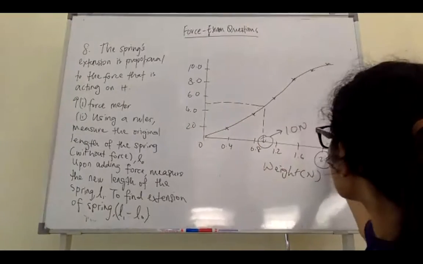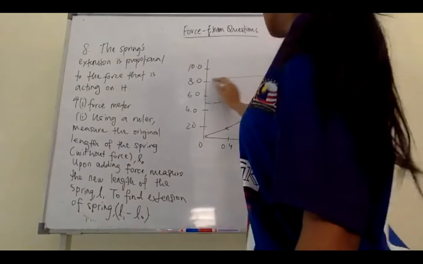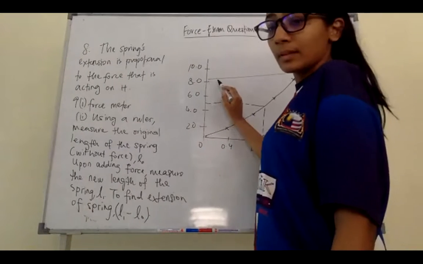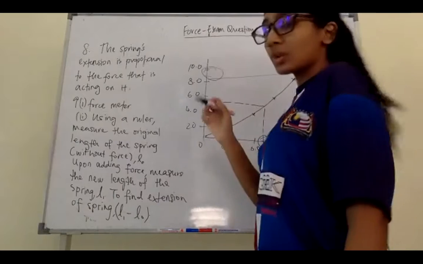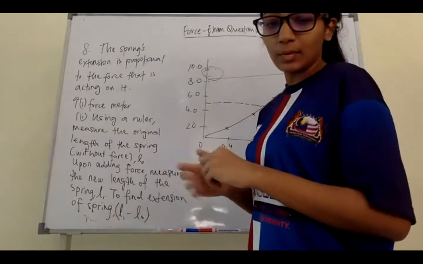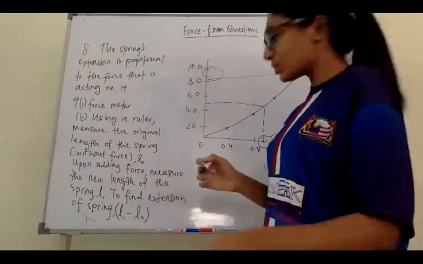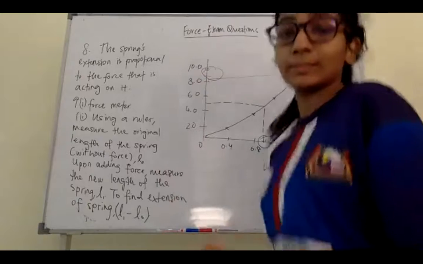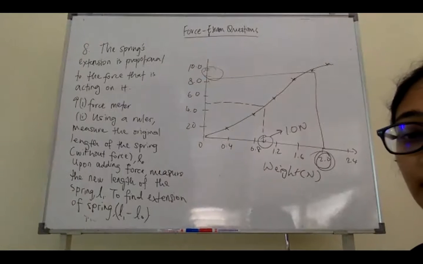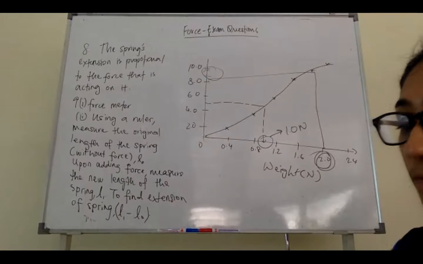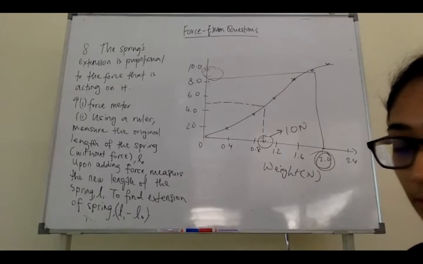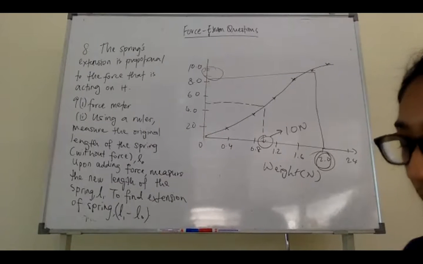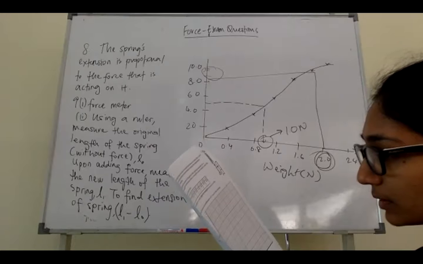So at 2 newtons, the extension is already messed up, because it's 8.5 and then 8.6. So it's not proportional to the weight anymore. It's not uniform. So which weight will it be? 2 newtons. Okay? Can you understand why it's 2 newtons? Yes, sure. So we can just write 2 newtons, right? Yes.